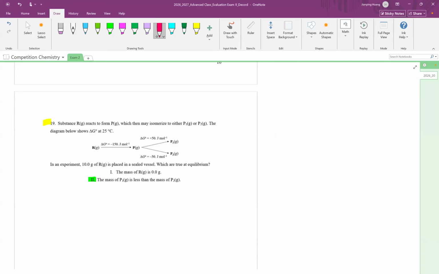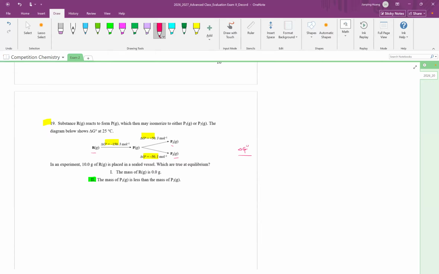This is related to thermodynamics. So you have Rg. The Rg reacted to form Pg1 and Pg2. Those should be isomers. And here is a diagram. What's this? This one is a delta G. Delta G, remember, why is it significant? Delta G also has a standard free energy.